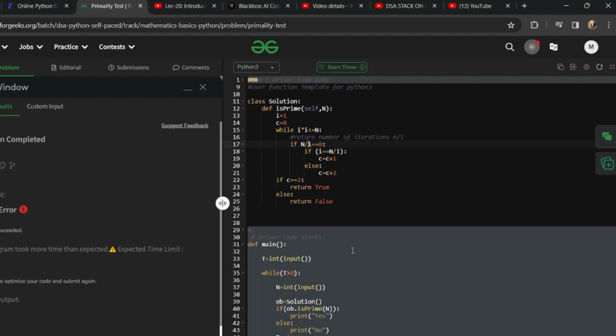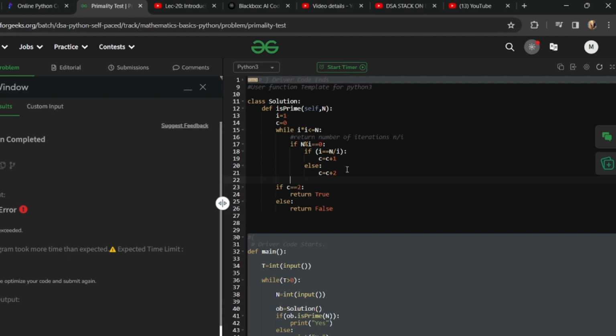What we did wrong in this code was that we were dividing n by I, but we have to find whether the remainder when we divide n by I is 0 or not. We were just dividing it, so it won't return 0.